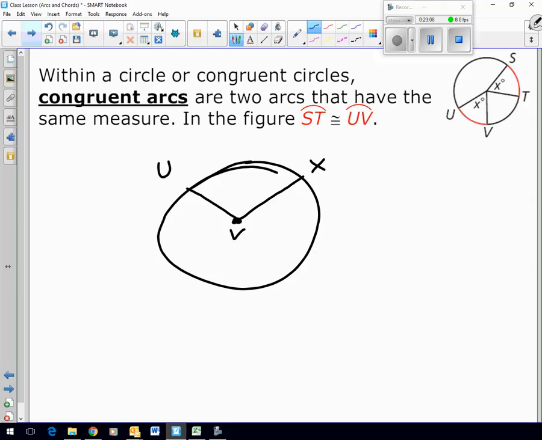Yes. If this is 37 degrees, what is the measure of arc UX? 37 degrees. Make sure you get that, because it does change when we get chords instead of radii. We call these central angle measurements and the arcs that go with them.